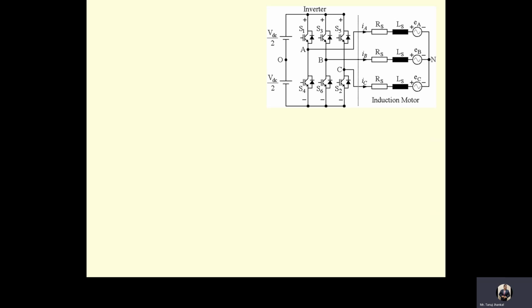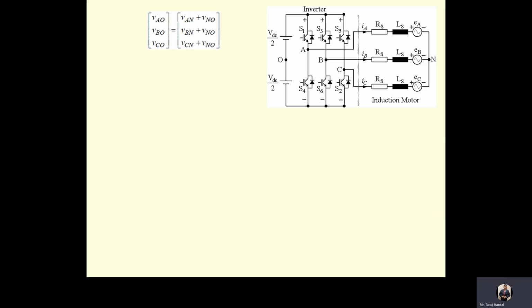In mathematical language we can write it as VAO is equal to VAN plus VNO, VBO is equal to VBN plus VNO, and VCO is equal to VCN plus VNO. Here VNO is the common mode voltage. Keep it in mind, common mode voltage, not common node voltage.